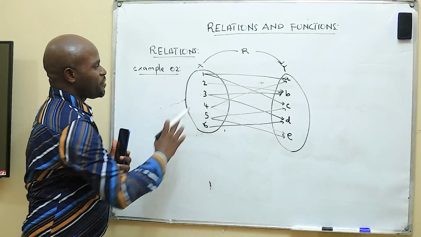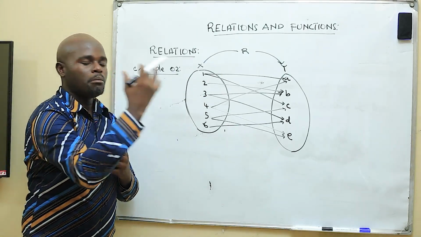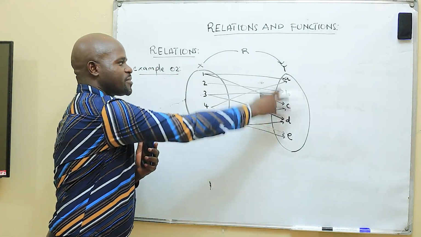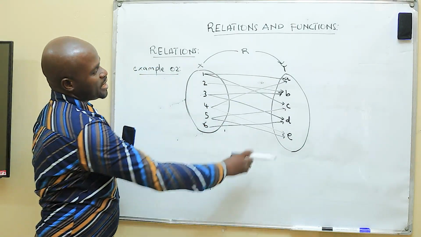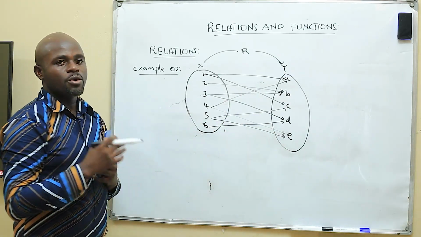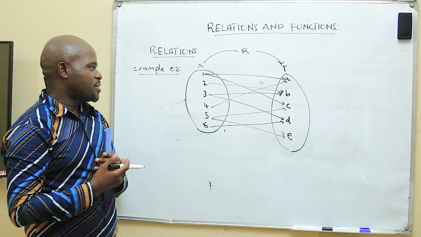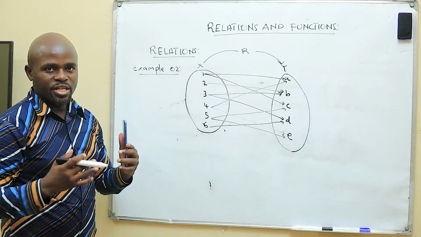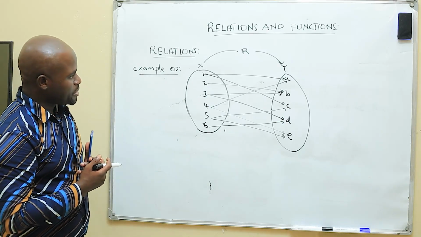One element of the first set can map or relate with one or more than one element of the second set, and one element of the second set can map or relate with one or more elements of the first set. Yeah, so this is a relation. This is the real meaning of relation.